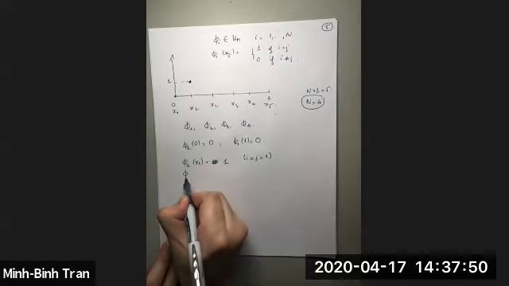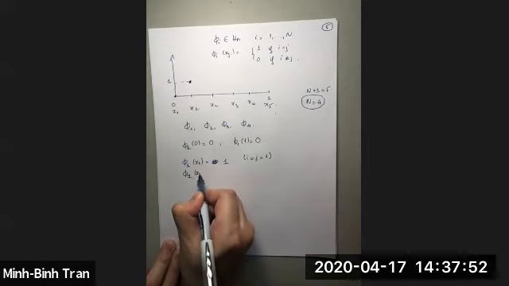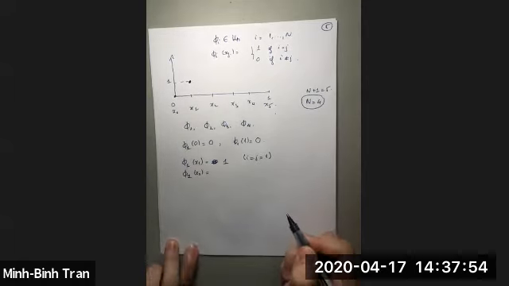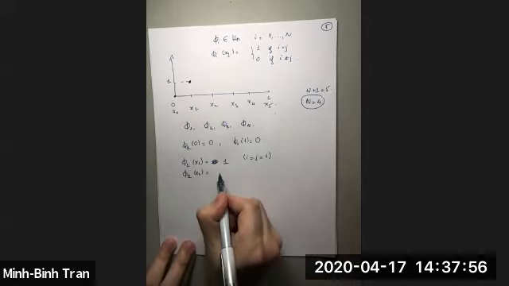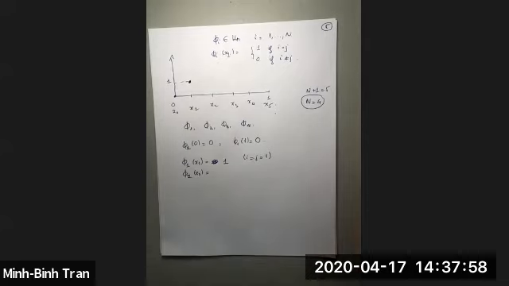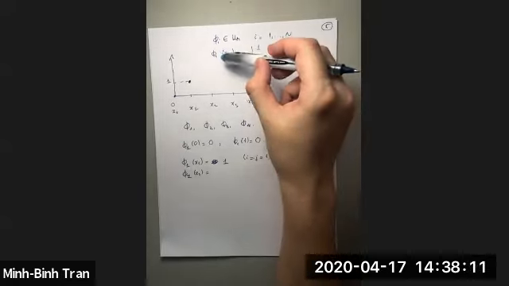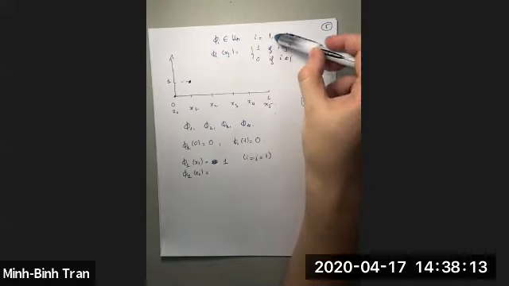Now you have phi1 of x2. So what is the value of phi1 of x2? Right, I explain again. I define the function phi to be 1 to n.